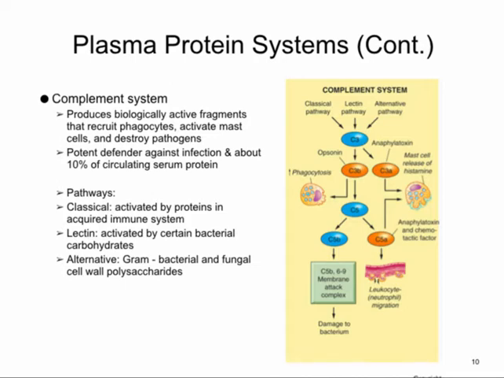So you have these different pathways, like your classical, which may be activated by your acquired immune response or certain proteins, or the lectin, which may be activated by certain carbohydrates that are on bacteria. These are just examples. The alternative may once again be activated by gram-negative bacteria or fungus, essentially. So it can get activated from different mechanisms.